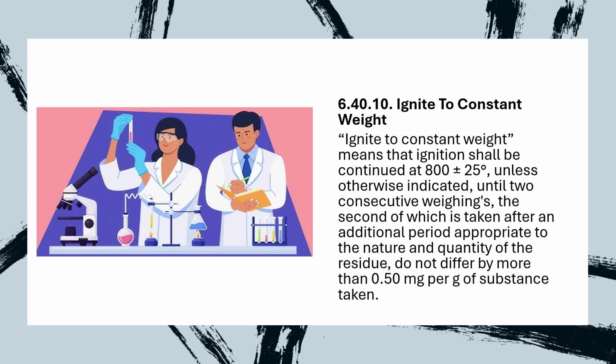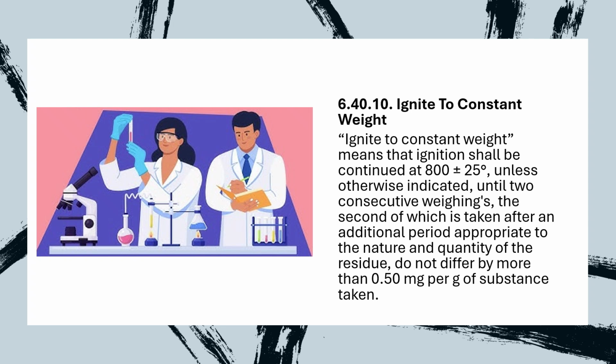If any other specific temperature has been given in the particular monograph or test procedure, then you need to follow that temperature, right? So ignition is continued until two consecutive weights taken after an appropriate additional ignition period differ by not more than 0.50 milligrams per gram of substance taken.